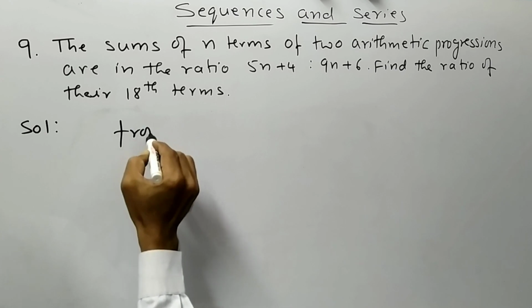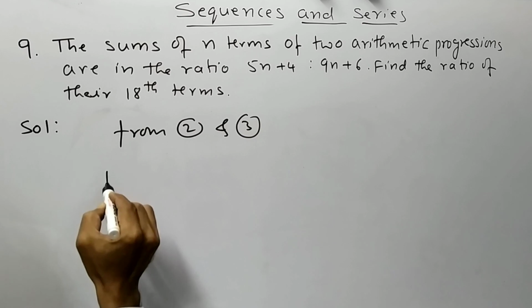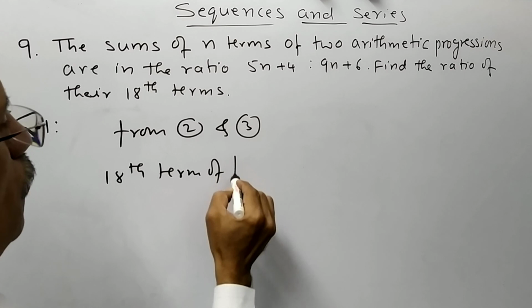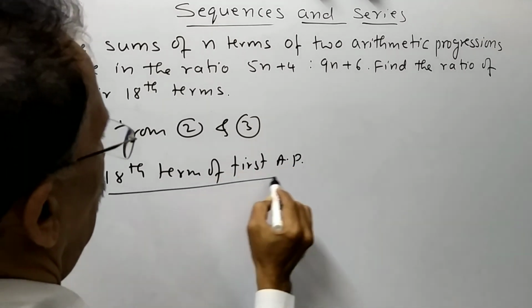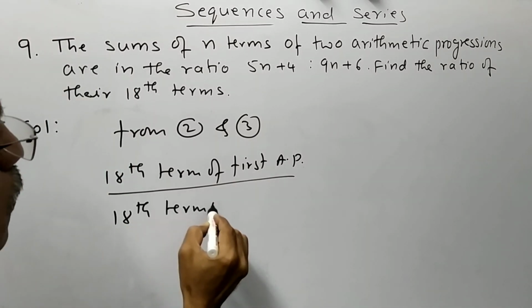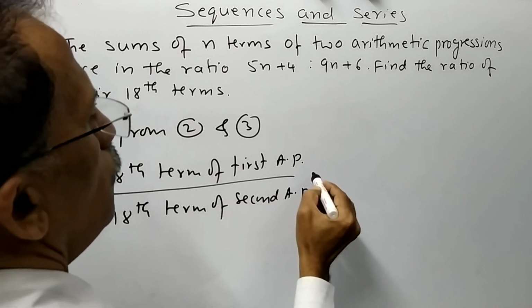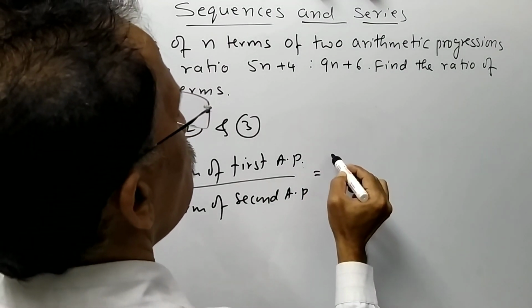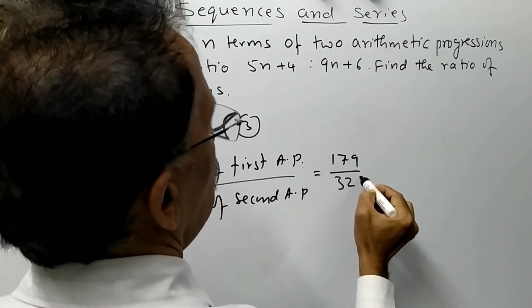From 2 and 3, 18th term of first AP divided by 18th term of second AP is equal to 179 divided by 321.